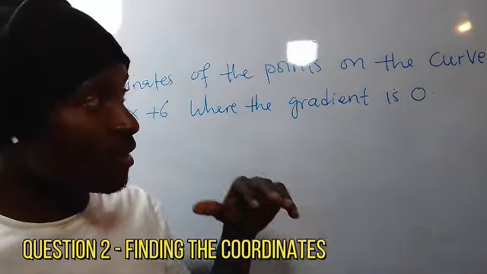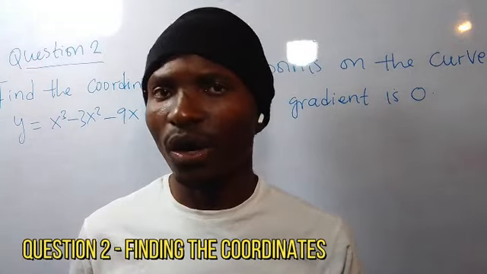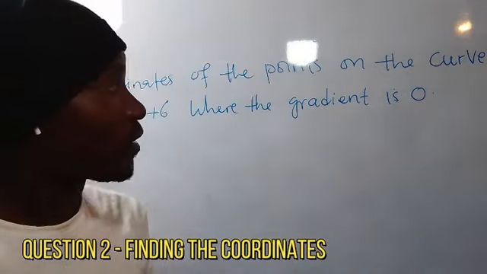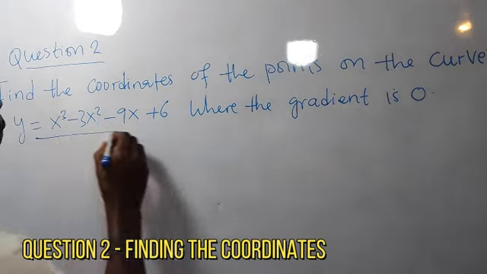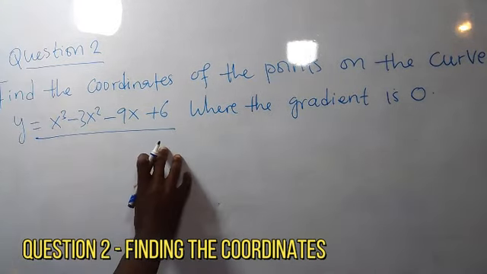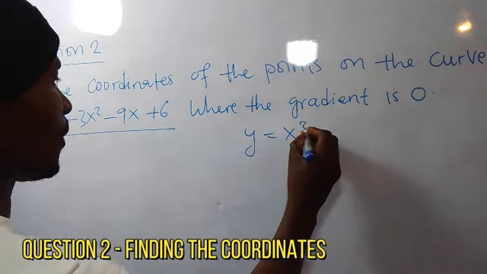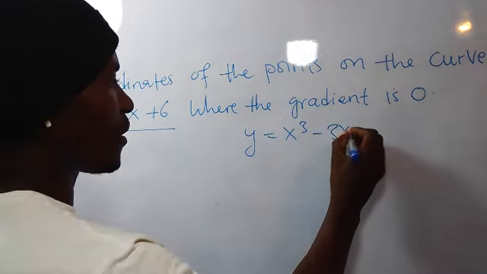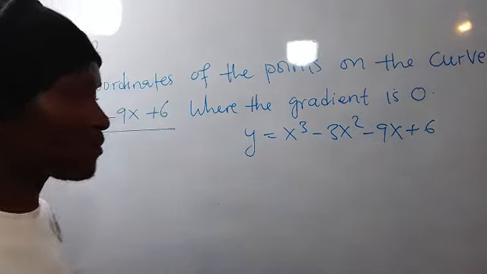So in essence, on this question, we are looking at finding the coordinates. Okay, so how do we find the coordinates? Okay, so the first step is that you have to differentiate. You've got to differentiate this equation. Okay, so y equals to x to the power 3 minus 3x squared minus 9x plus 6.